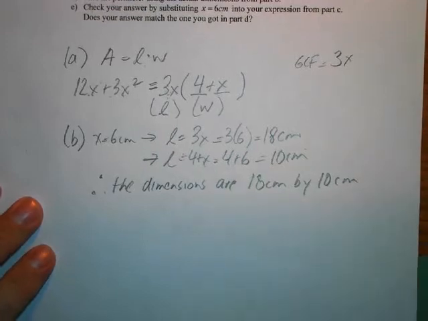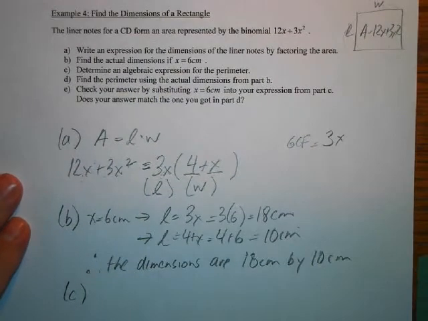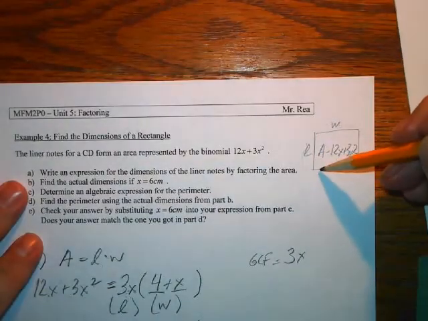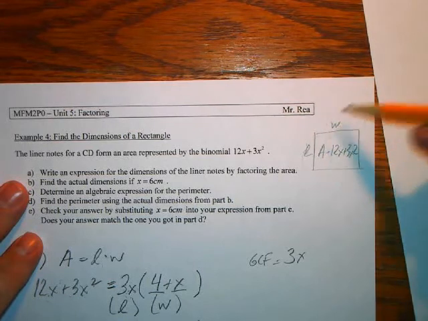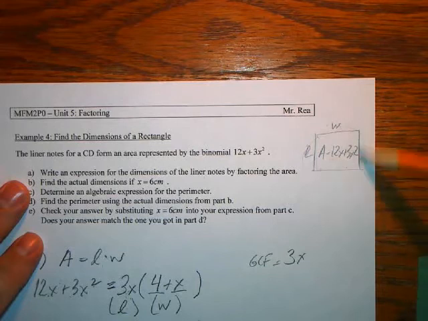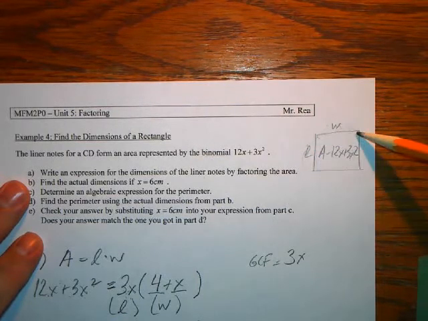Okay. Next question. Determine the algebraic expression for the perimeter. If you remember, the perimeter is the sum of the outside area. It's like the fence, right? Whenever we have a rectangle, we have two lengths and we have two widths. Or we could just add the length and the width together and double it.